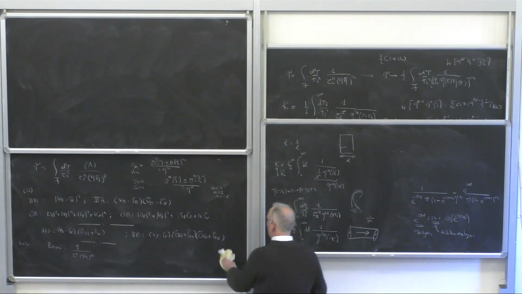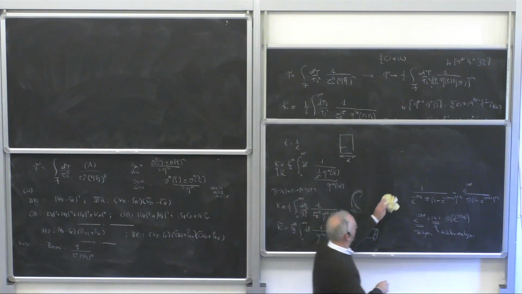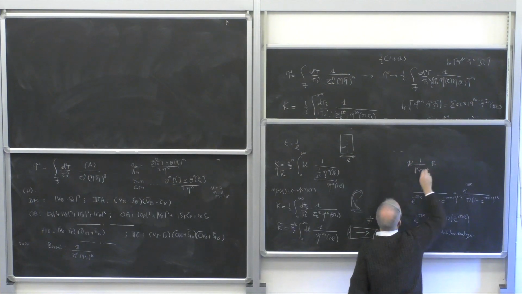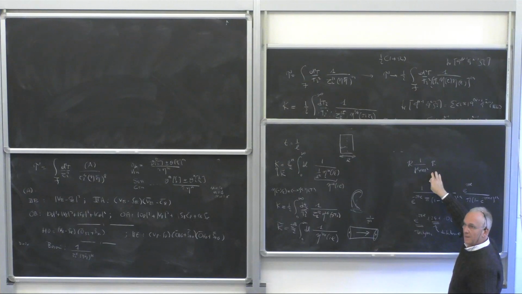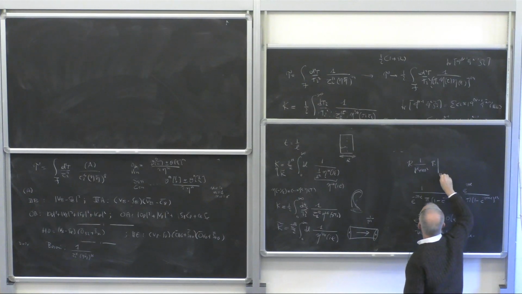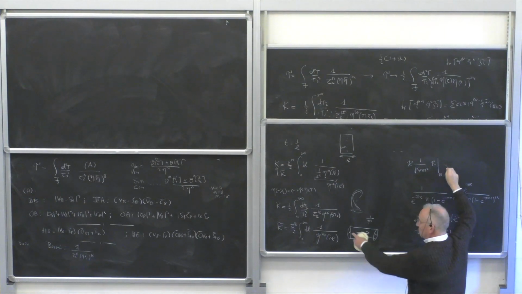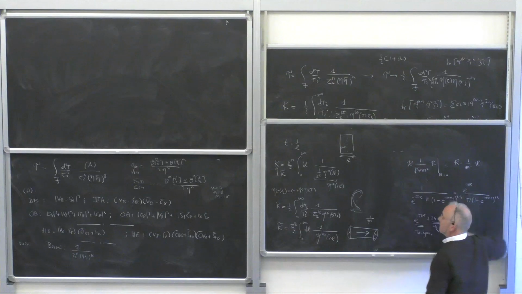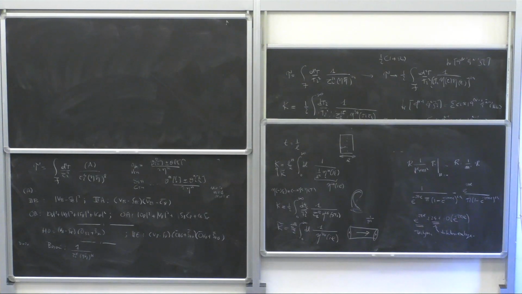So in general, if you exchange a state with a propagator 1 over p squared plus m squared between two structures, you will have a reflection coefficient here, a reflection coefficient there, times the propagator. If you work at zero momentum, and we know that there's no momentum flow there, then you will have a reflection coefficient, 1 over m squared, another reflection coefficient. If the states have zero mass, then you get a singularity.